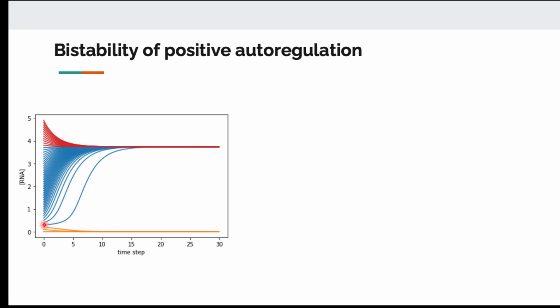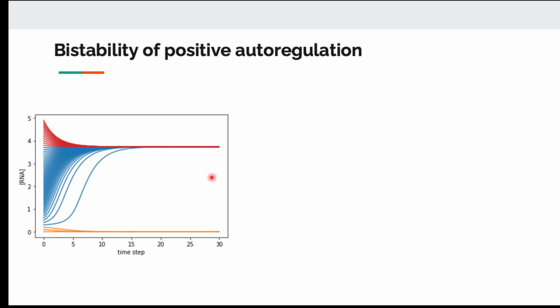But if you have slightly more RNA molecules than that, in the blue region, you will continue to produce more because of the positive feedback until the production and degradation equalize at this equilibrium. And if you have more proteins than that, the degradation will win and you will lose protein until it reaches this equilibrium. So even though there are three equilibria possible, only two are realized in actual cells.